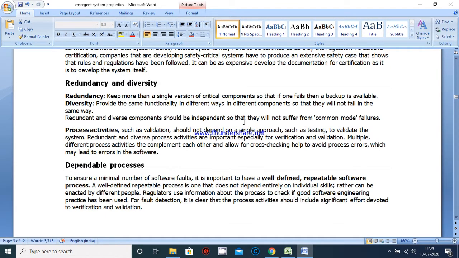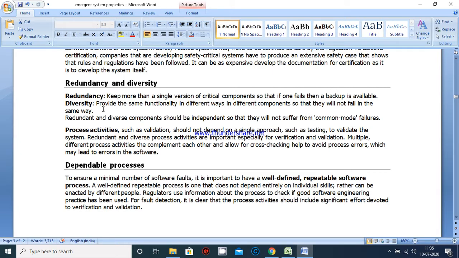Process activities such as validation should not depend on a single approach, such as testing to validate the system. Redundant and diverse process activities are important, especially for verification and validation. Multiple different process activities that complement each other and allow for cross-checking help to avoid process errors, which may lead to errors in the software.